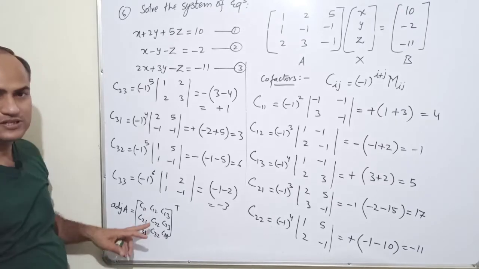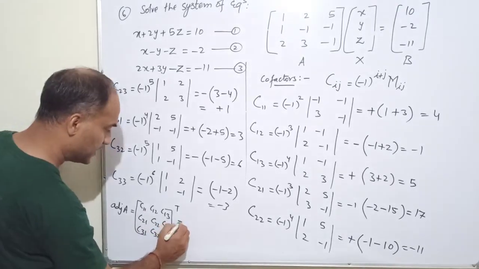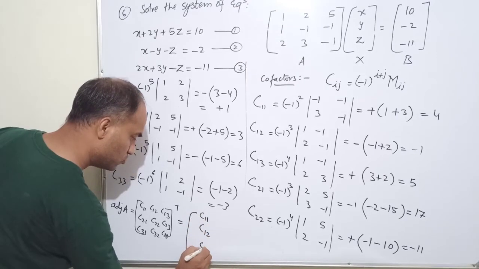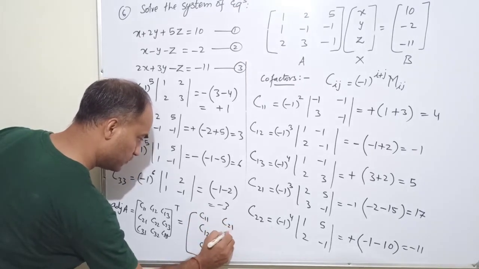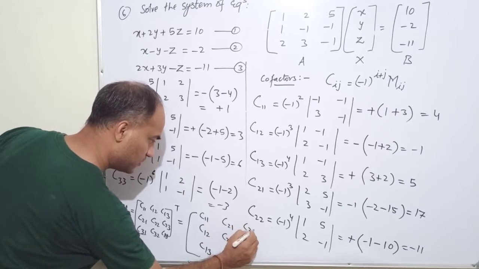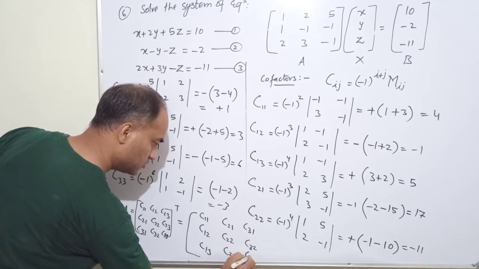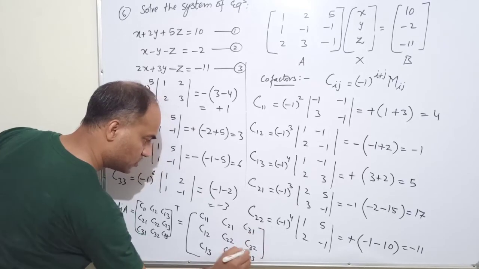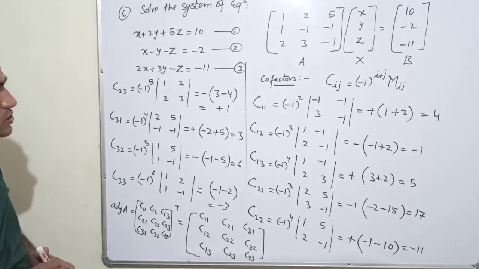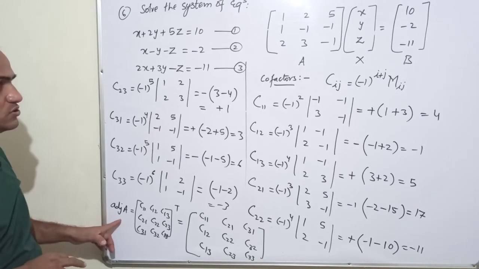Okay, if you want to skip this step, you can also write this directly. Okay, this is your choice. You can use any of the methods to write this. So at the moment we are writing the adjoint of A.